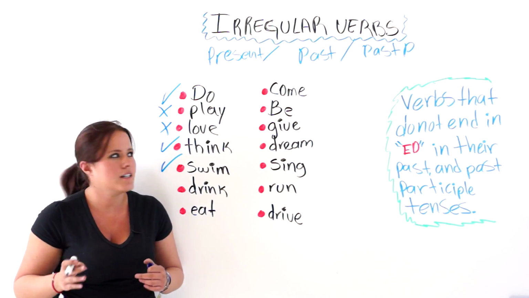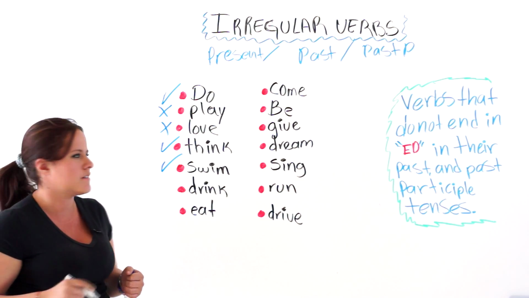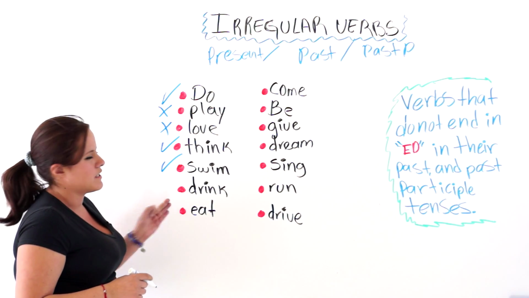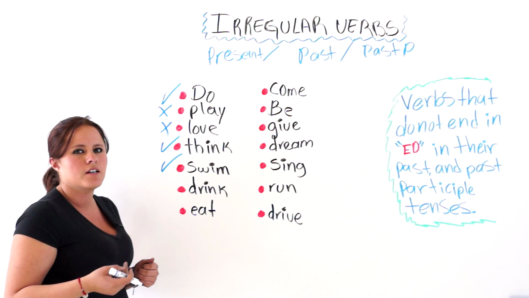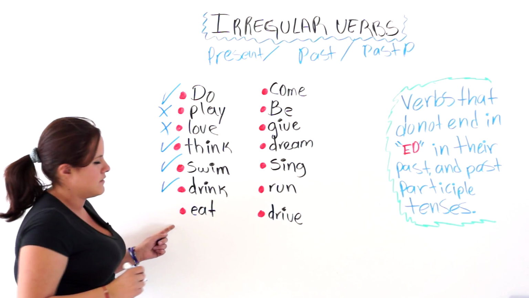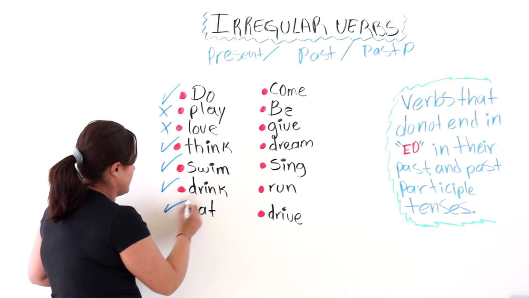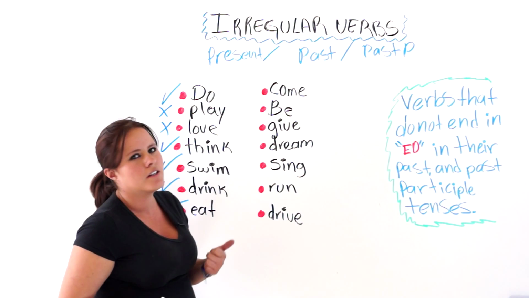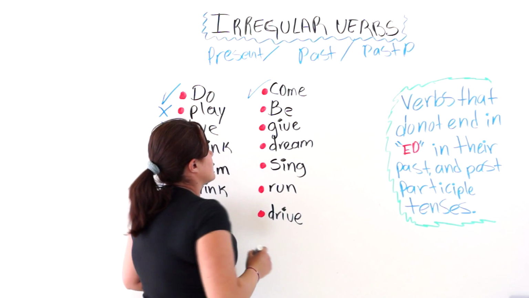And the next one is drink. Drank is the simple past and drunk is the past participle. So it is irregular. Eat, ate, eaten. Irregular. Come, came, come. Irregular.